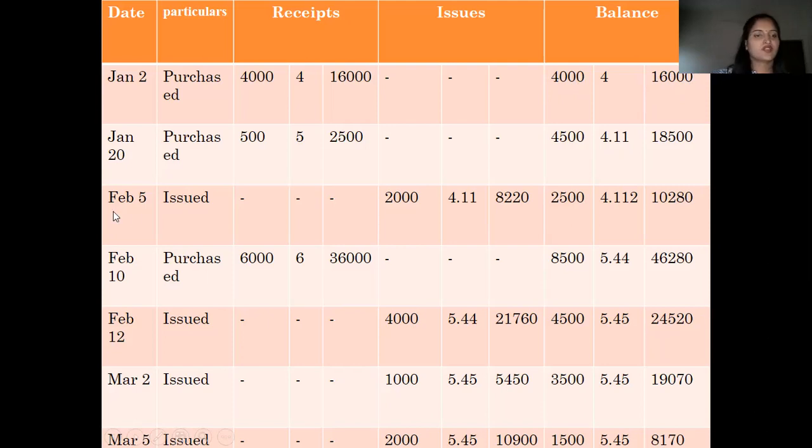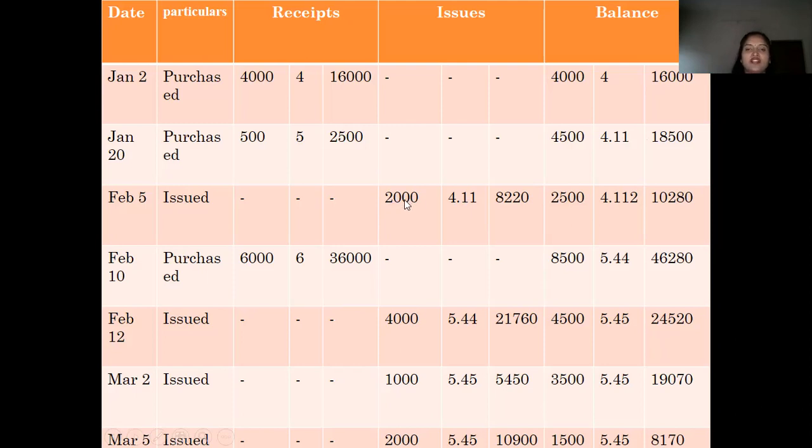Next, go to February 5th. We have issued units. How many units should be issued? 2,000 units should be issued. Now you have issued 2,000 units. Cost per unit, see, already you have calculated the cost per unit. Now how much should be issued?